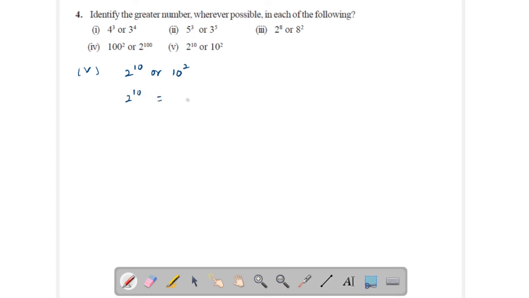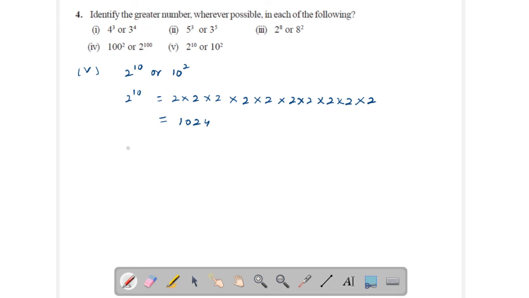It means 2 is multiplied 10 times. 2 into 2 into 2 into 2 into 2 into 2 into 2 into 2 into 2 into 2, and if you multiply it, you will get 1024.